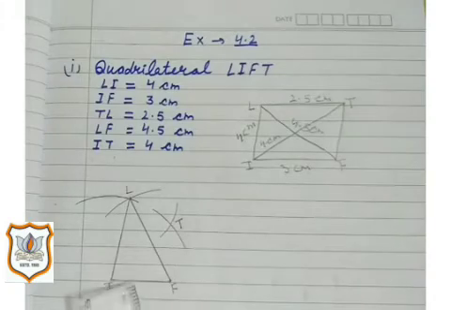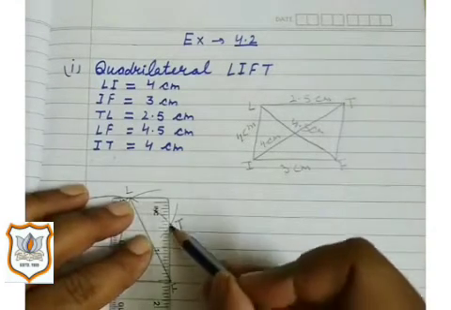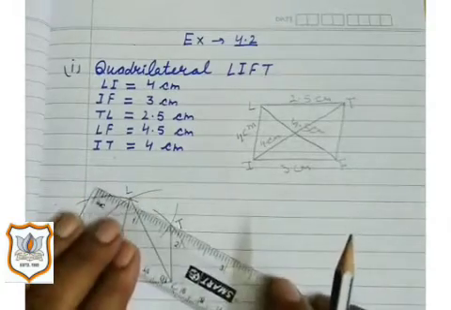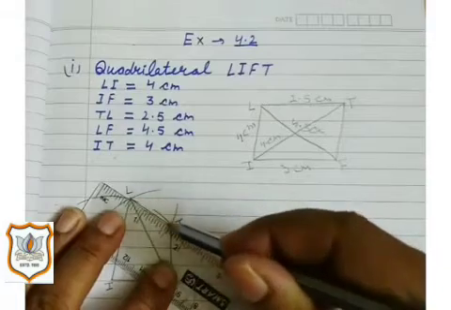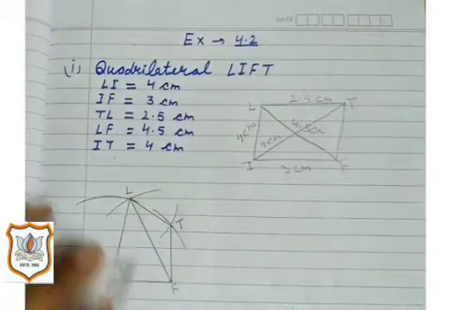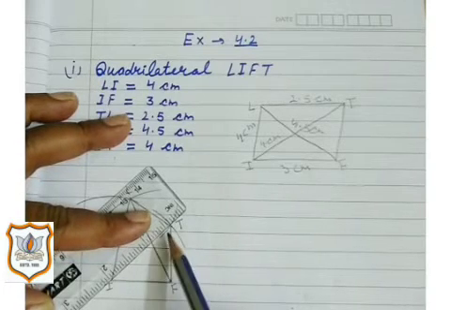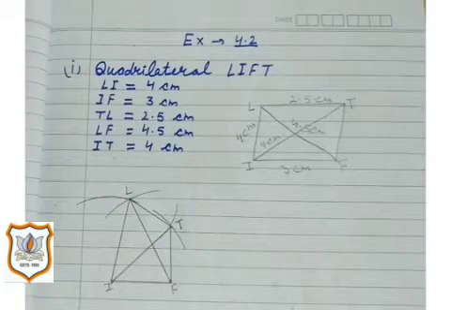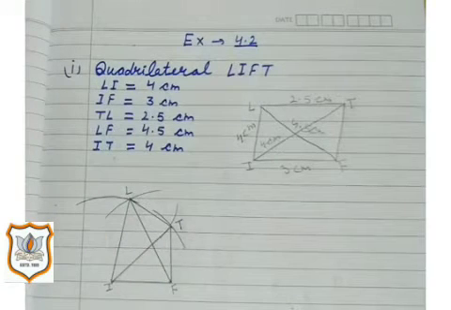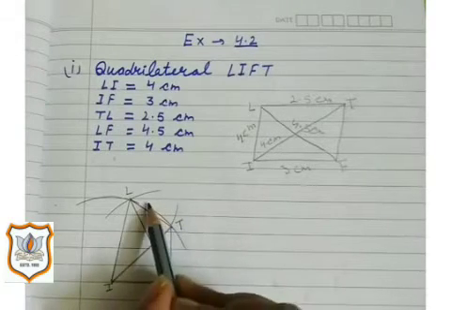Now we will join TF, LT, and IT. You can see here IT. Clear? So this is required quadrilateral LIFT, where LT is 2.5 centimeter.